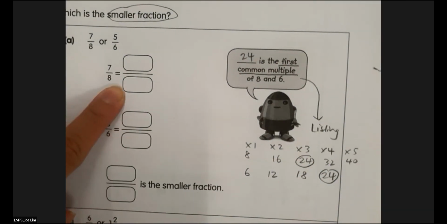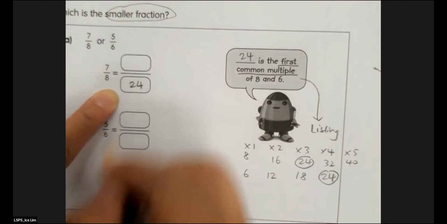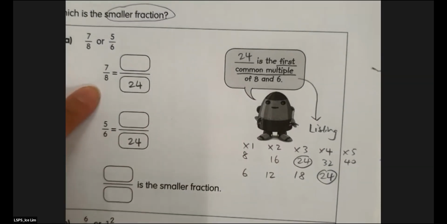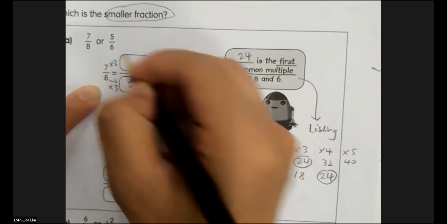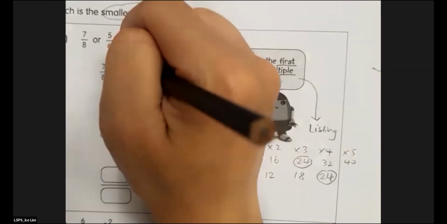So I will change 7/8 to denominator 24 and 5/6 to denominator 24. I'm multiplying this by 3. Very good, Pedro. And then by 3. So what is this? 21/24.